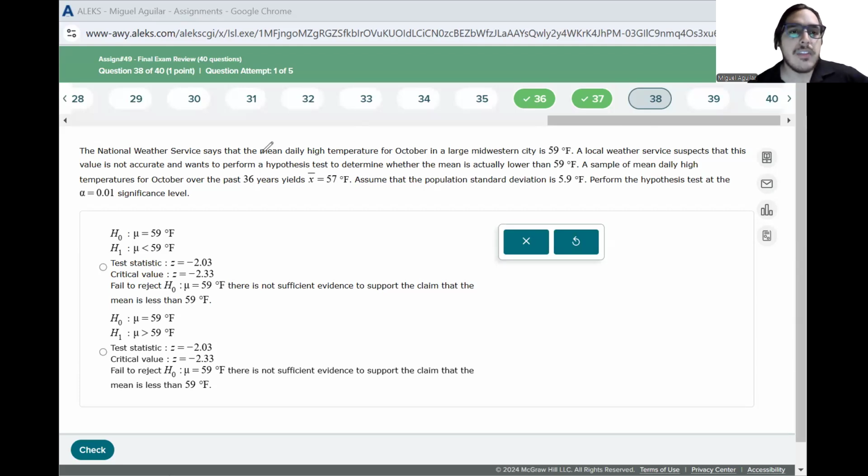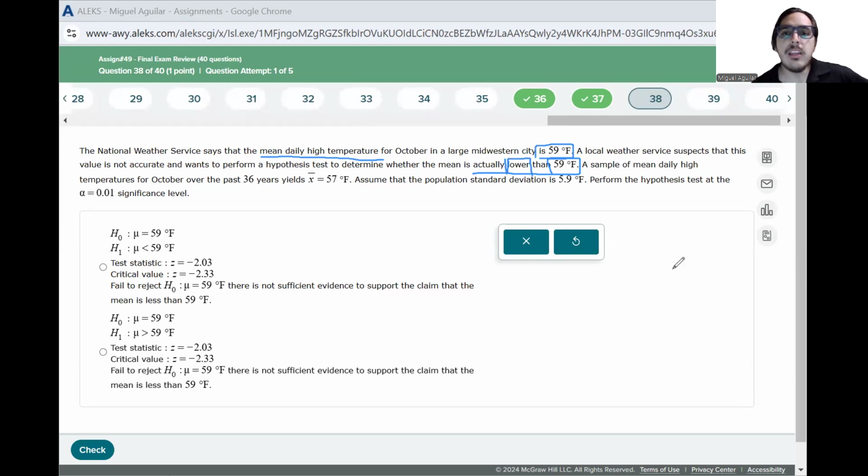So this said that the mean daily high temperature for October for a large Midwestern city is 59 degrees Fahrenheit. A local weather service suspects that this value is not accurate and wants to perform a hypothesis test to determine whether the mean is actually lower than this value. And the operating word here is lower.